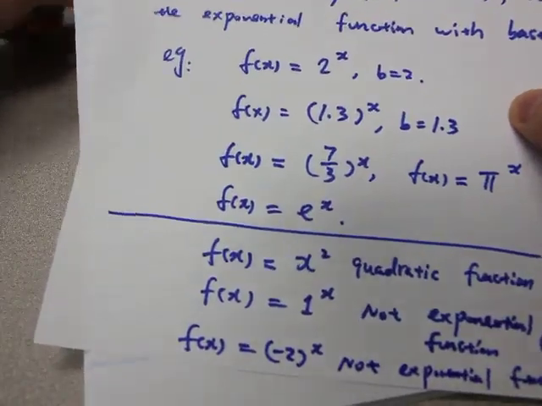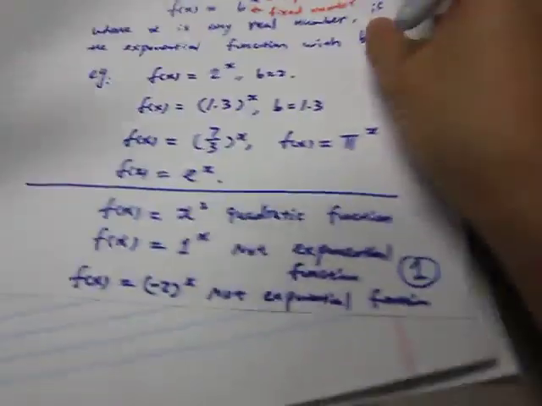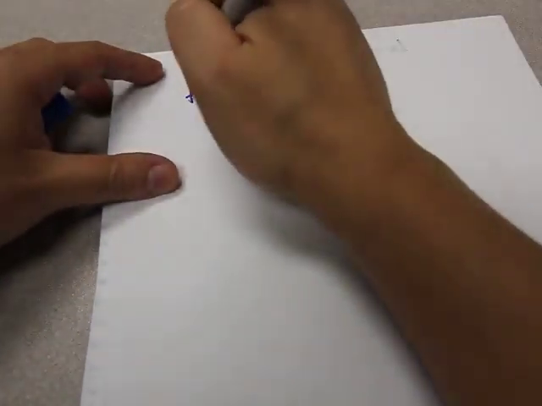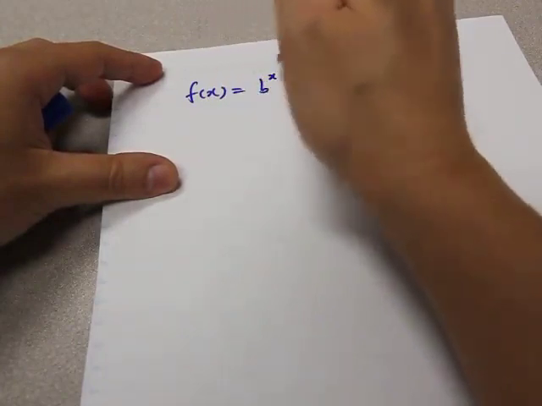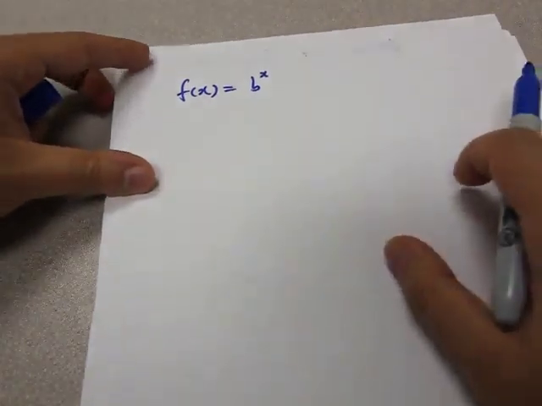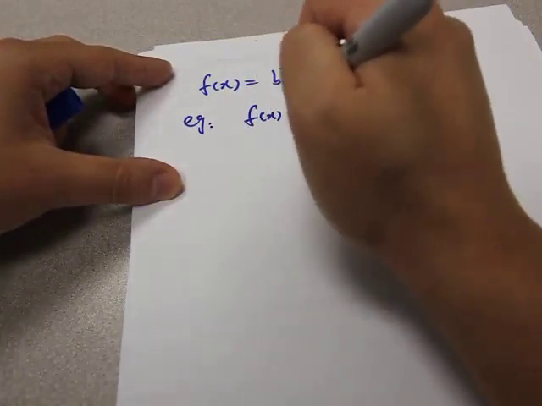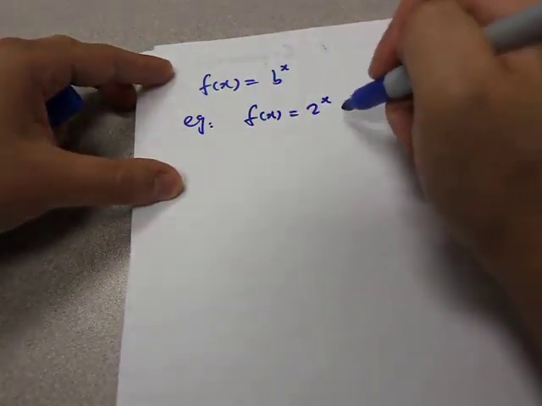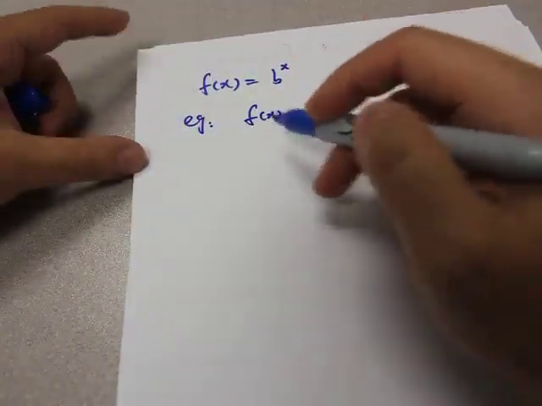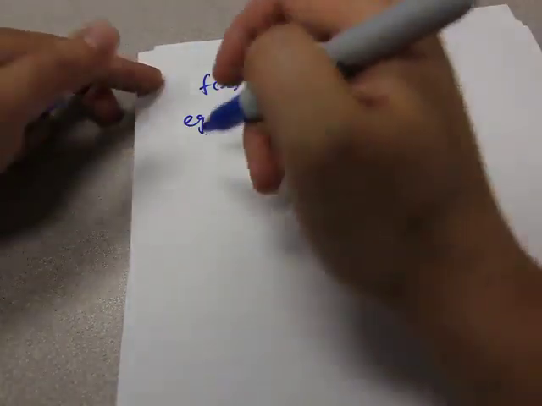Now let me show you why the base cannot be a negative number. The reason is that if the base is a negative number, then we might not be able to evaluate the function. Let me show you why. For example, if the base is a positive number, like 2 to the x, I'm able to evaluate the function with any x value.